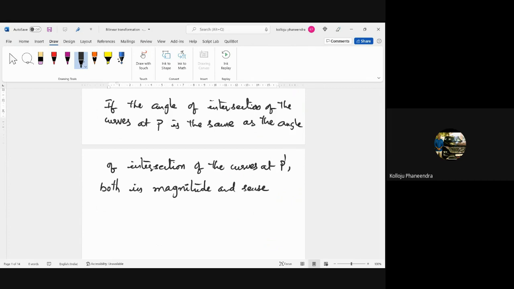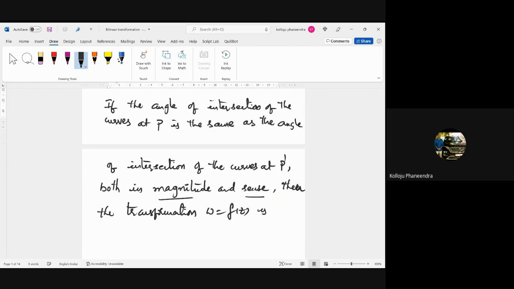Okay, sense. Then both are the same, both in magnitude and sense the angle is the same, then the transformation is called, what is the transformation or the function?